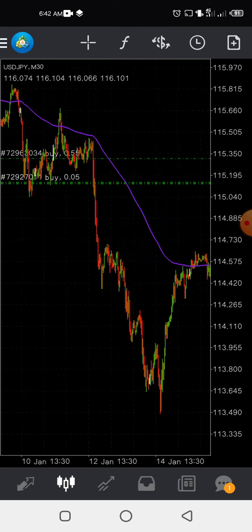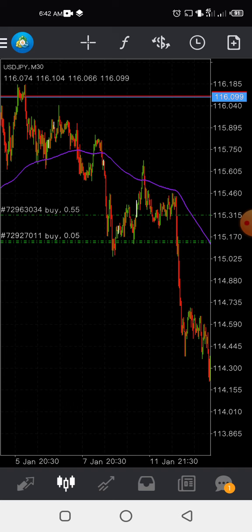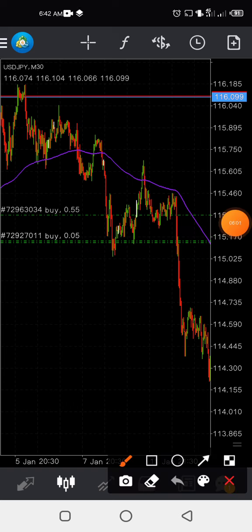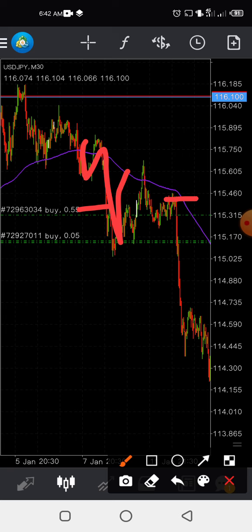Please, please add the 200 EMA to your charts. Here it crossed once and came back, created a zone around here, and with price action, put your trend line there. As you can see, 1, 2, 3, breaks below, enter long.